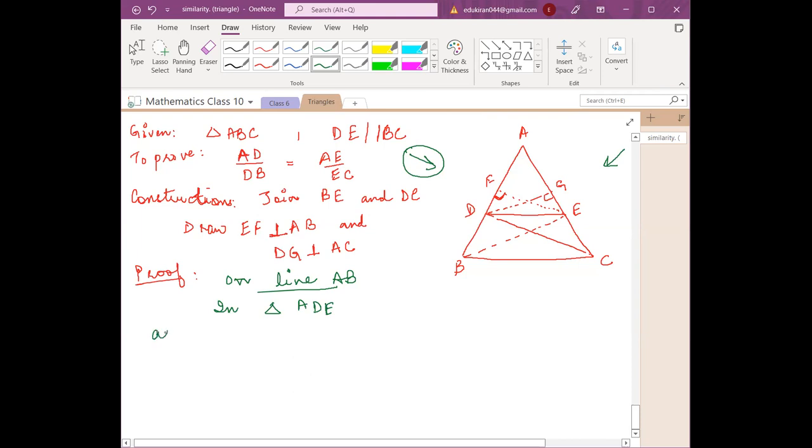Okay. So I want to write the area of this triangle. Area of triangle ADE. So what is the formula? Area of triangle, half base into height. Okay. So half into, what is the base? Because I'm looking from the AB side, the base will actually be AD of this triangle.